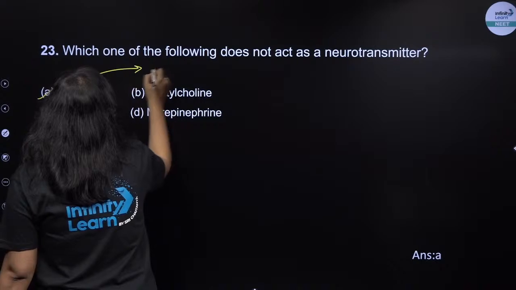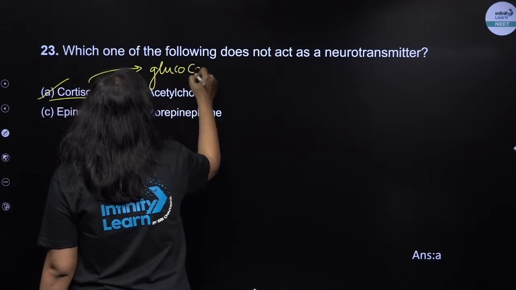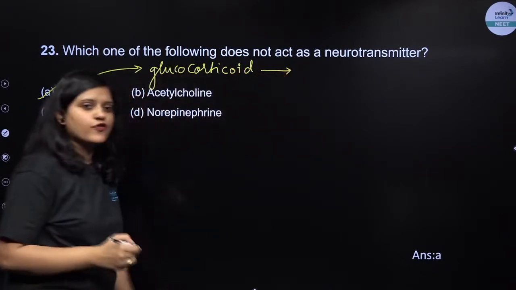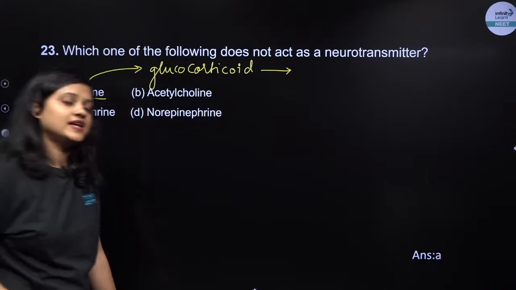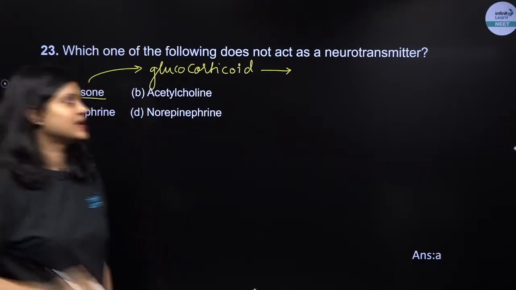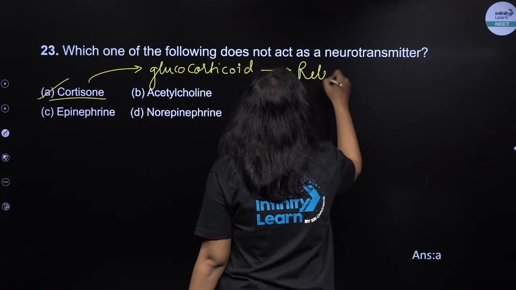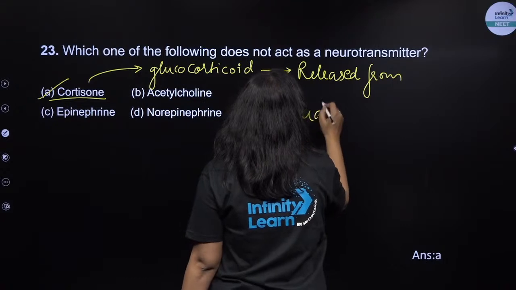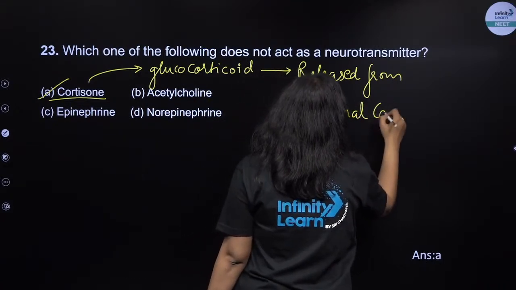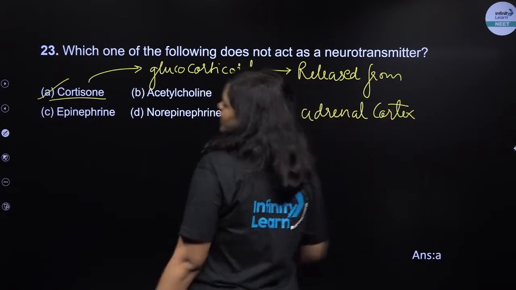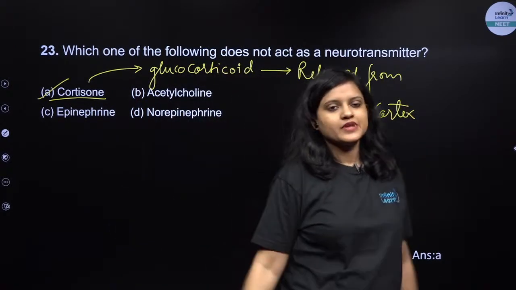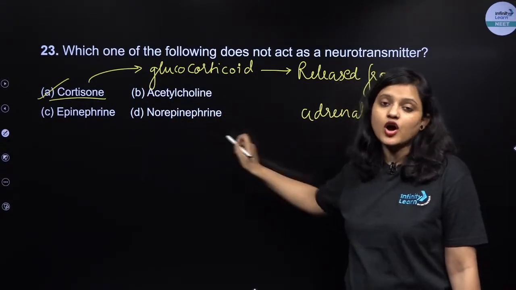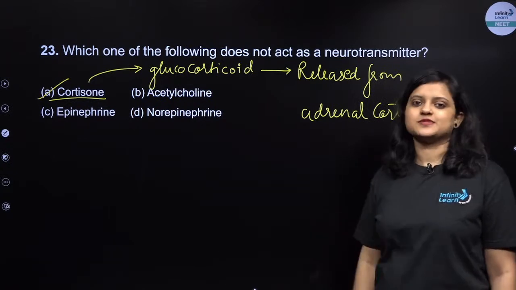It is a glucocorticoid, released from the adrenal gland, that too the adrenal cortex. Okay, so the correct option was cortisone. Apart from that, whatever you see here, acetylcholine, epinephrine and norepinephrine, all these are neurotransmitters.